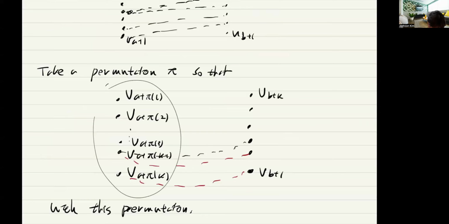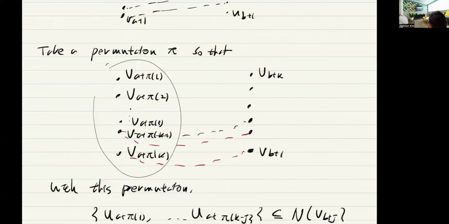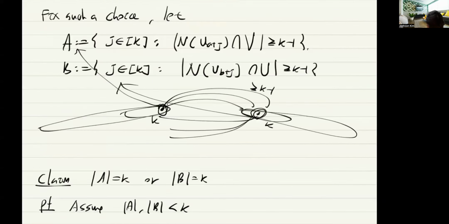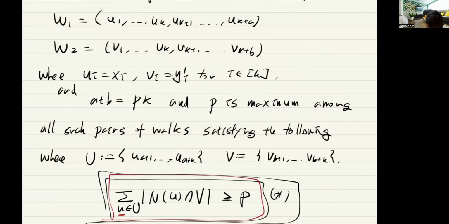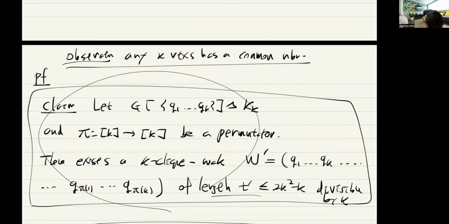Now what? With this permutation, we already showed in the previous claim that we can find the clique walk from the identity, or original order, to any permutation of this.